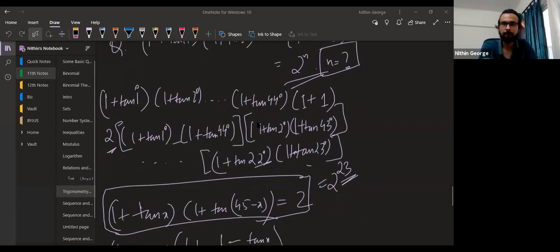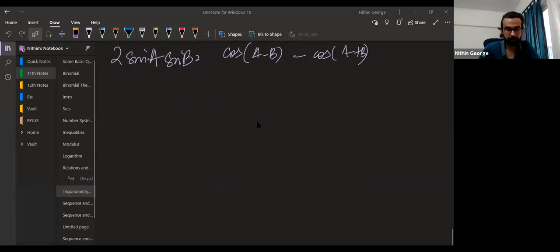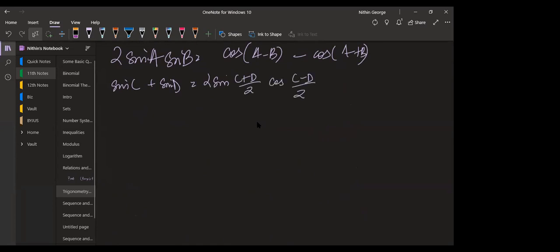Okay, I'll just ask. What's sin C plus sin D? 2 sin (C plus D by 2) cos (C minus D by 2). Sin C minus sin D? 2 cos (C plus D by 2) sin (C minus D by 2).